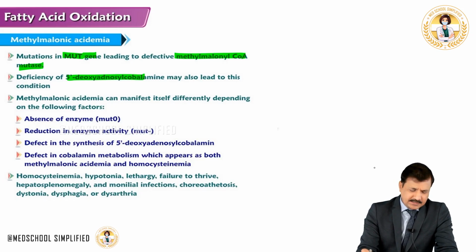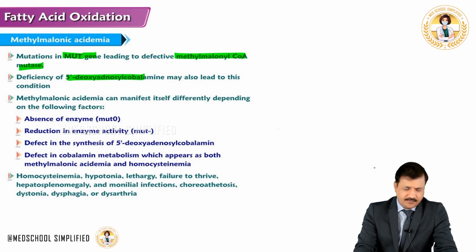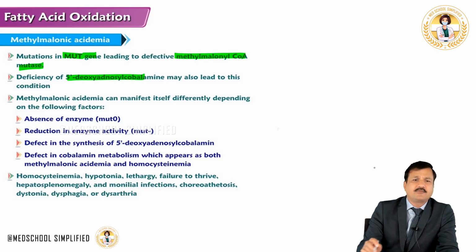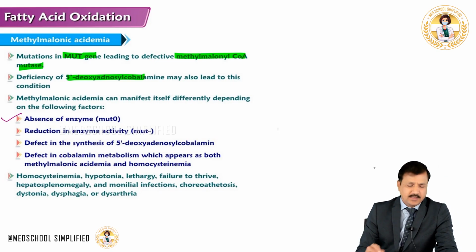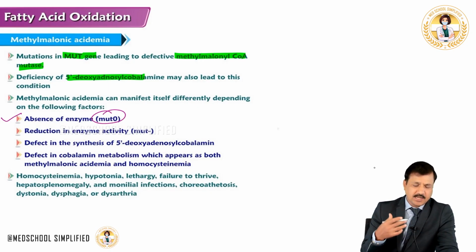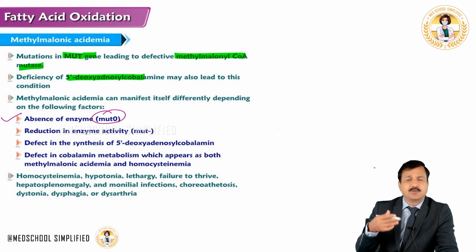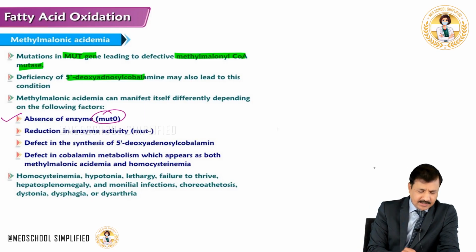Now, methylmalonic acidemia can manifest itself differently depending on the following factors. If it is a total absence of enzyme, the manifestation is different, which is written as MUT0, that means the MUT gene is totally deleted.